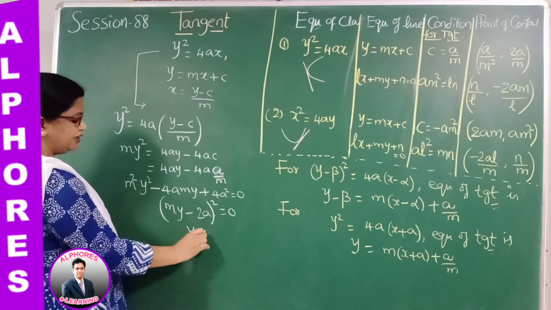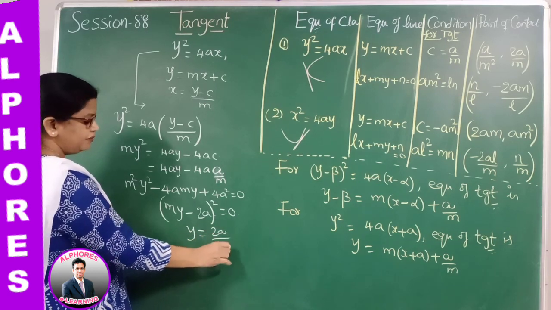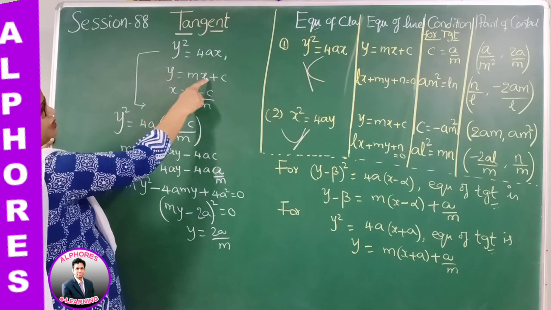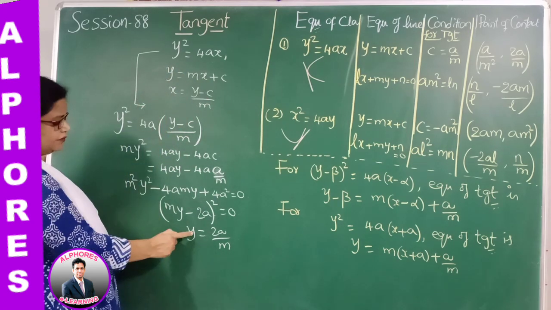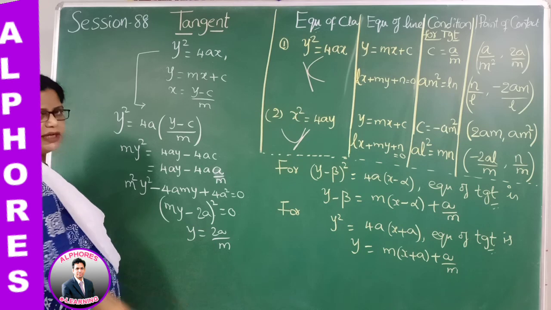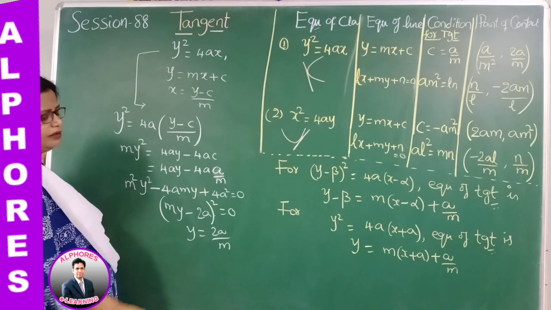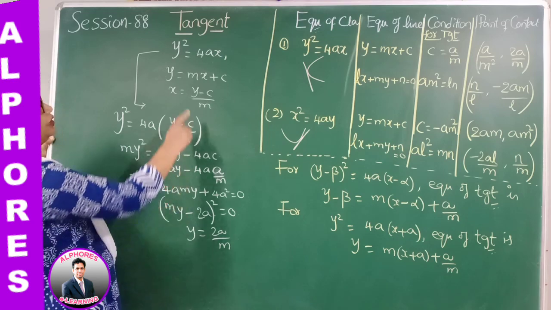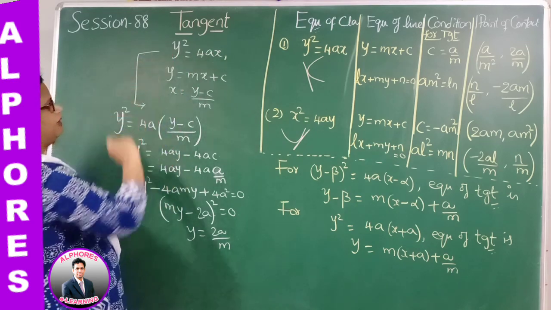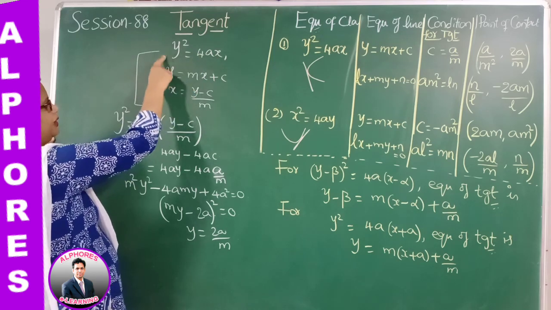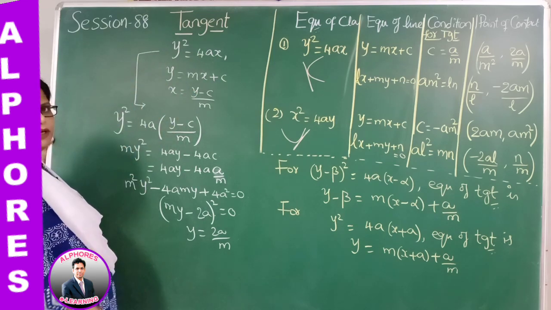That implies y equal to 2a divided by m. Therefore, if y equal to mx plus c is tangent to this parabola, the ordinate value is 2a divided by m. Then what about the abscissa? Substituting the y value, 4a square by m square, we obtain x equal to a by m square.